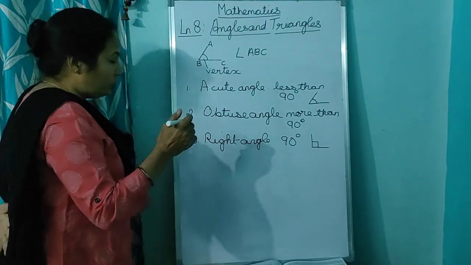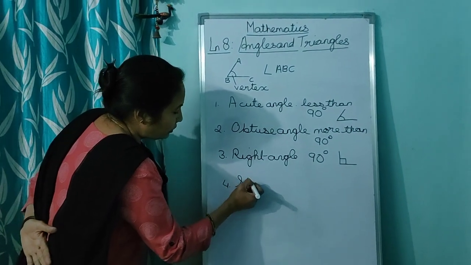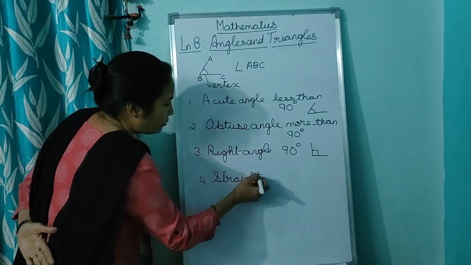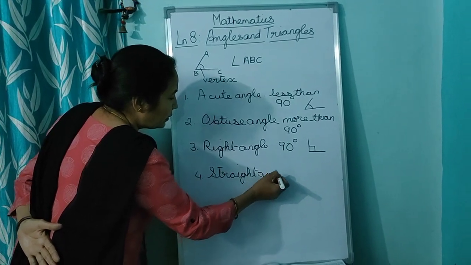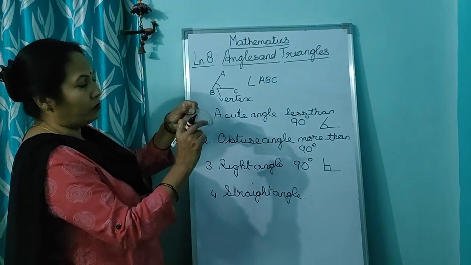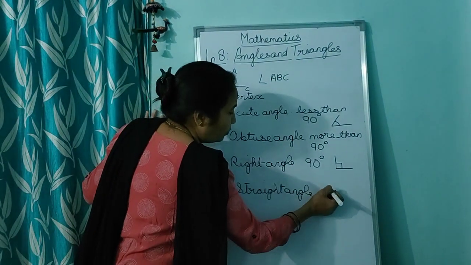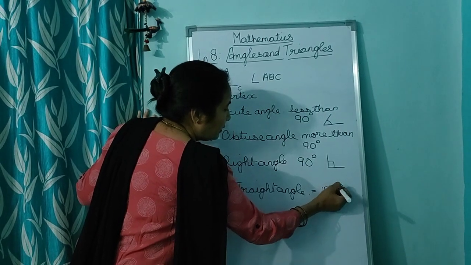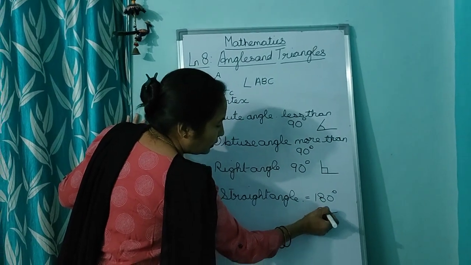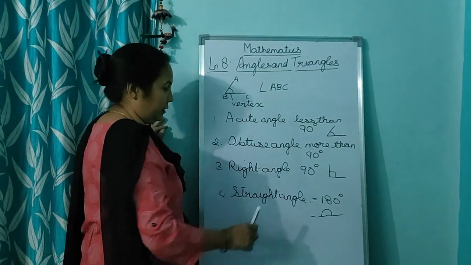After this children, you have a straight angle. Now straight angle means, you see here this line, so from 0 to 180 degree is equal to 180 degree, and this is the shape of the straight angle from 0 to 180 degree.